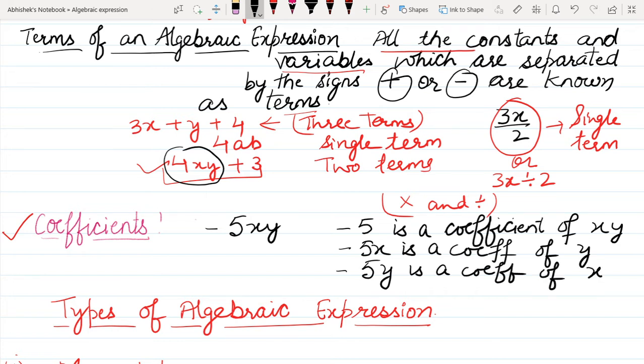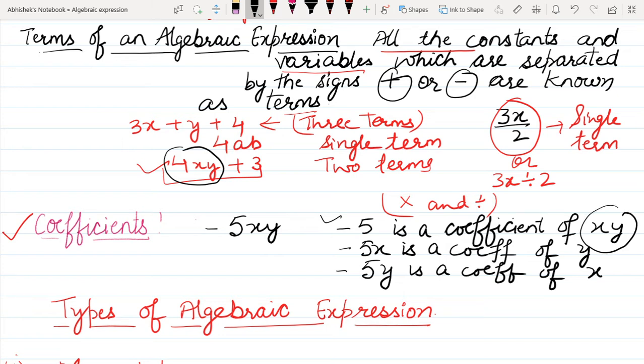So we can say that any symbol, variable, or number appearing before a variable whose coefficient we want to find is its coefficient. Here we want to find the coefficient of xy.